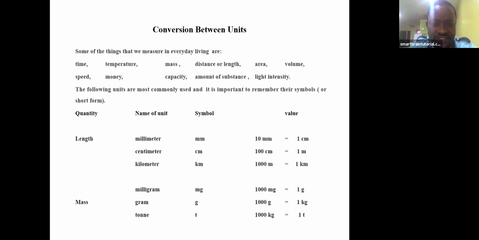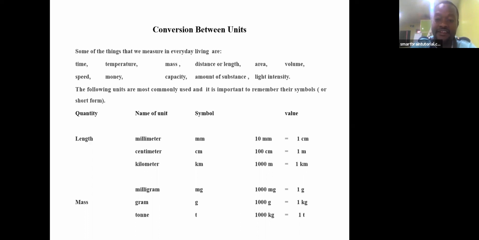The following units are most commonly used, and it is important to remember their symbols or short forms. We have quantity, the name of units, symbol, and then value. Now, in length, there are various units that are very common. We have the millimeter, the symbol is mm.